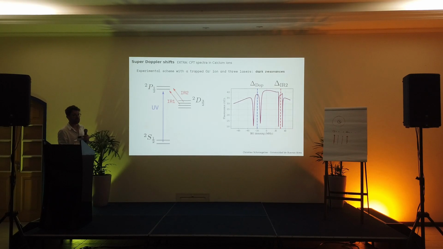With some other atomic species, and also with calcium, you can observe CPT just with a laser on this transition between one state and the other. We did it this way because it's nice to work with infrared beams and structured beams. Structuring violet beams can be done. We are going in that direction, but it's a little more complicated.